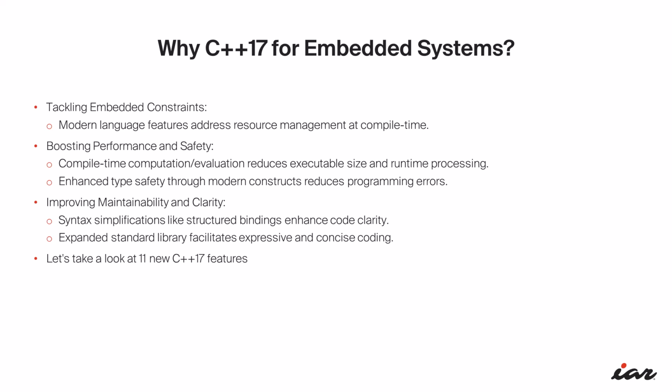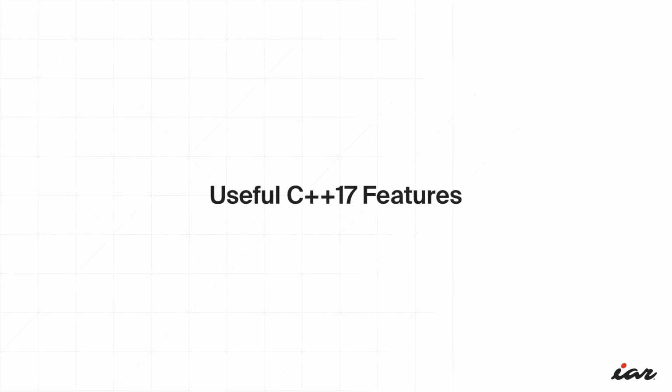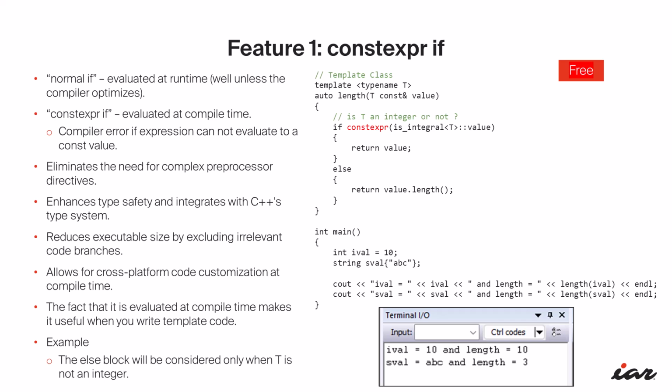So now let's take a look at a number of C++17 features. I have picked 11 useful C++17 features that I would like to share with you now. The first feature is constexpr if.